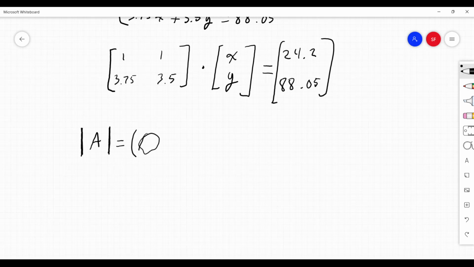What am I going to put right here? 1. There we go. And then? Minus 3.75 times 1. Just put it in exactly as it's written. Or you just get the 3.5, 3.75 out.